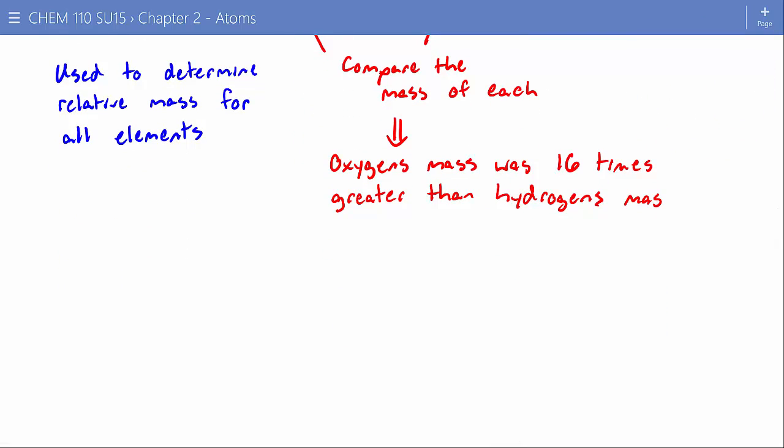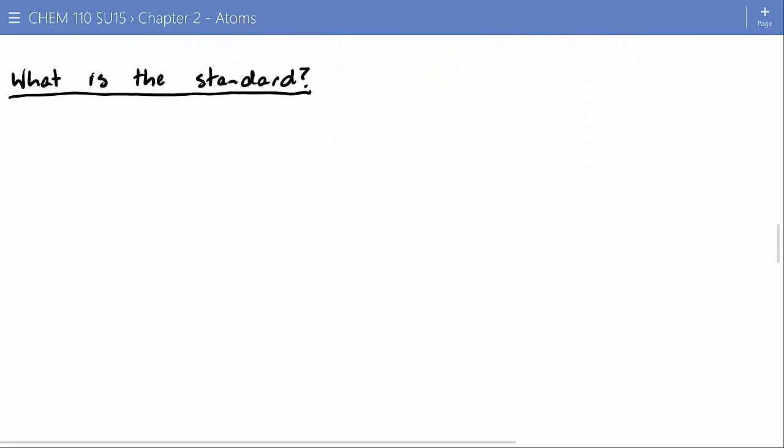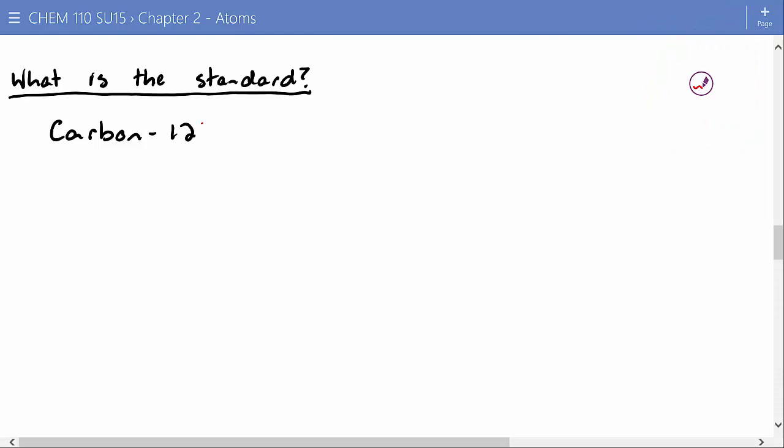There's also a unique standard too. So hydrogen isn't quite the standard that we use. The standard that we use is called carbon-12. Specifically, what carbon-12 means is that it's a carbon with a specific number of neutrons.